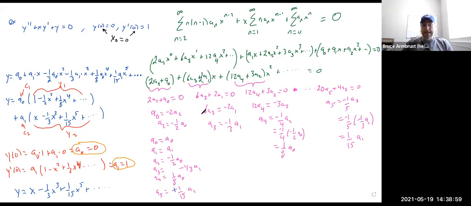There's still a lot to be said about these. But hopefully you can at least see why this method will always work. We'll always be able to find as many terms as we want in this polynomial, so we can carry it out as far as we're ever going to need to in an applied setting. It's a way of getting to an answer, even if we have no other recourse.